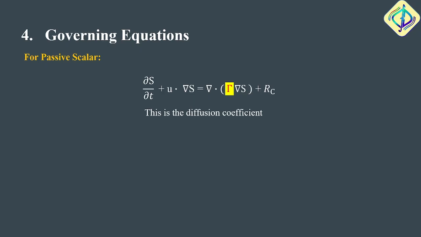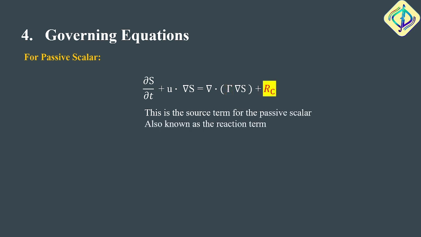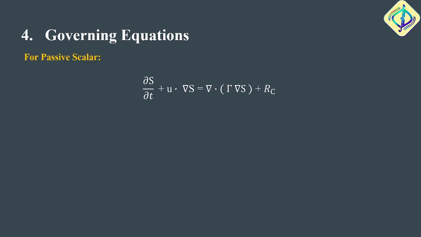So you have the diffusion coefficient, and with diffusion you again have your divergence of your passive scalar. And lastly you have the source term for the passive scalar. In this case you can also refer to this as the reaction term. Okay, you'll see why exactly this is the reaction term. So again, this is your equation that you have.